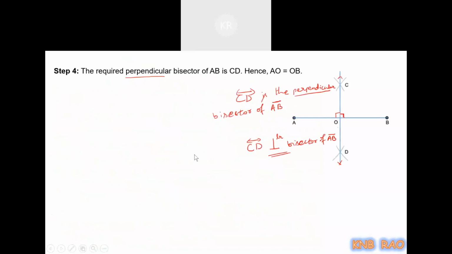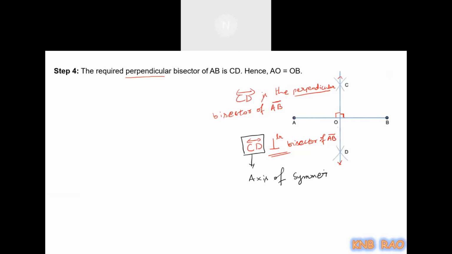See children, here this CD, the CD which you have drawn, what do you call it? Perpendicular bisector. Yes, it is also called the axis of symmetry.